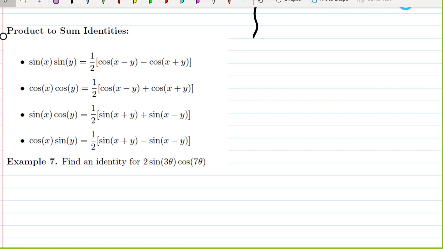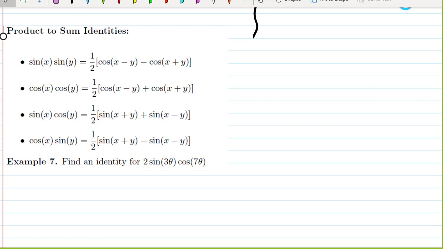You should just know how to use them. The ones that you end up using a lot, you'll memorize just by using. So the next type of identity is the product to sum identities. So this is if we have products of sines and cosines, we can turn them into sums of sines and or cosines.